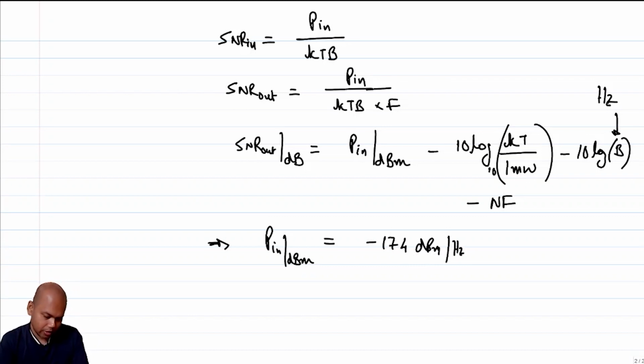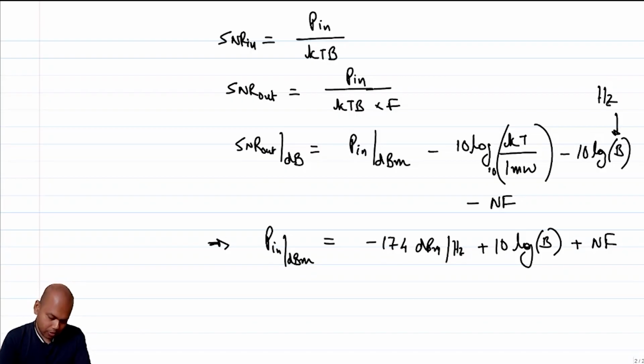Then you get plus 10 log bandwidth in hertz, right? Then you get plus the noise figure. Okay, so this is at 290 Kelvin.